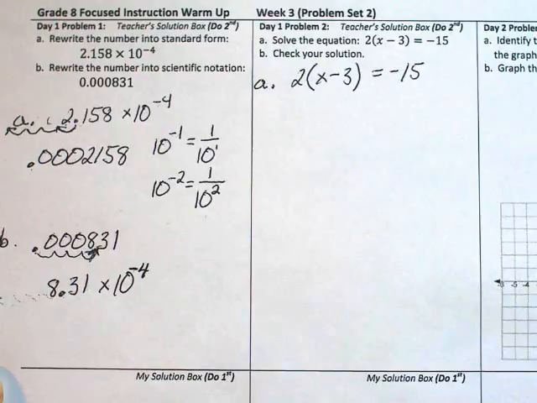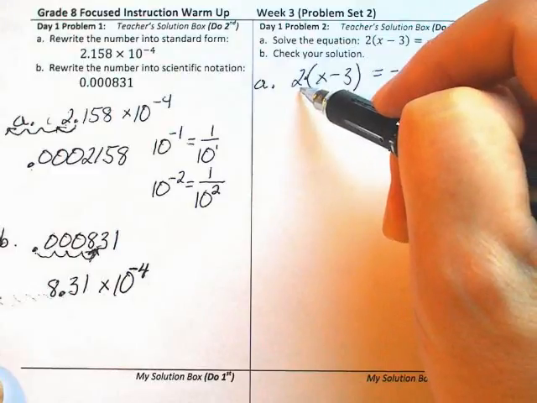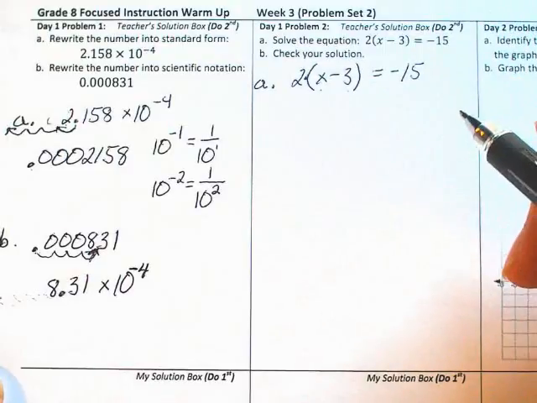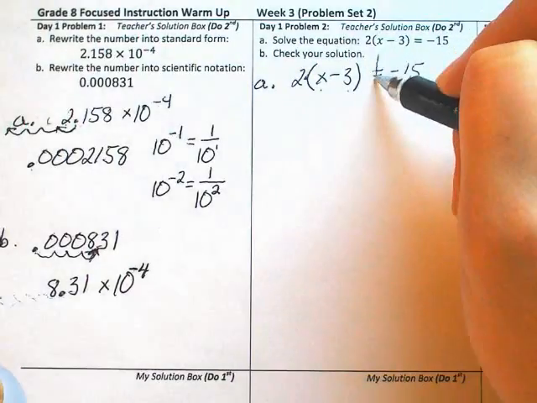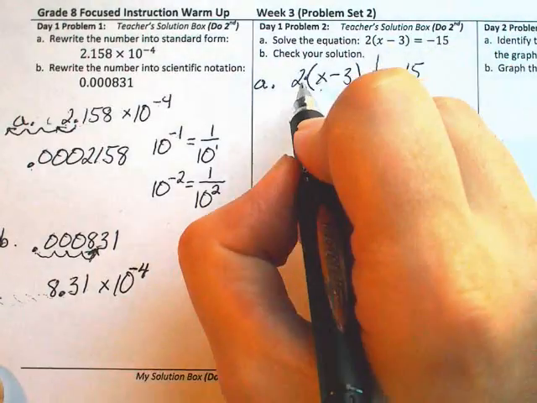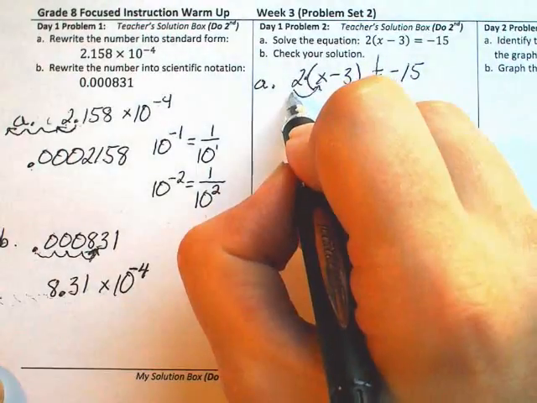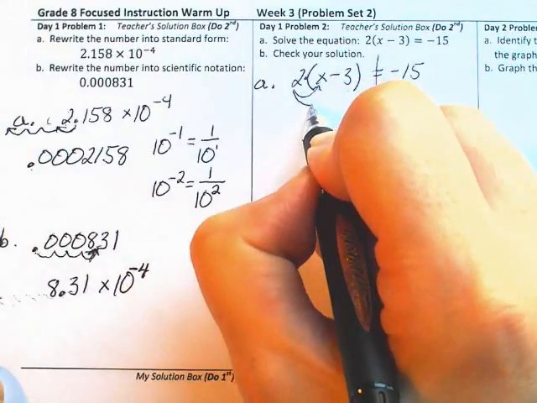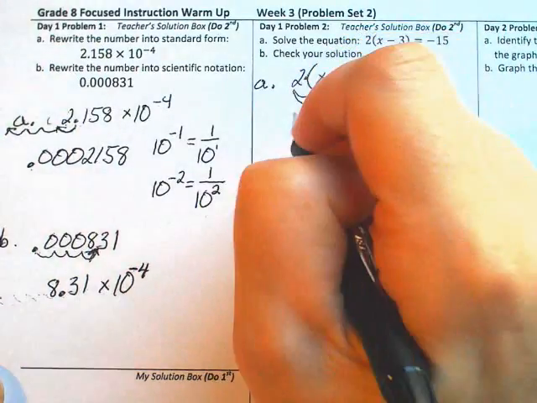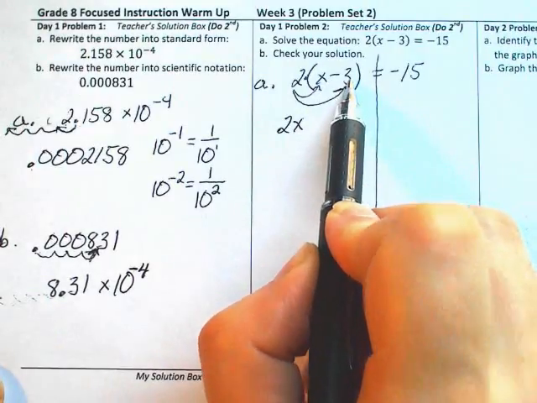One way to go about doing this problem is to multiply the number 2 by this number and by this number in the parentheses. That is called the distributive property. So let's do that. I'm going to draw a vertical line to help keep the left side of the equation separate from the right side, and then multiply 2 to the x, and then after that multiply the 2 to the 3. 2 times x is 2x, and 2 times 3 is 6.